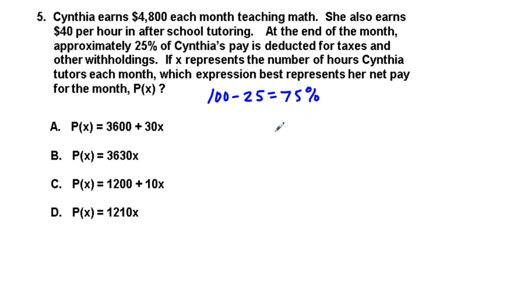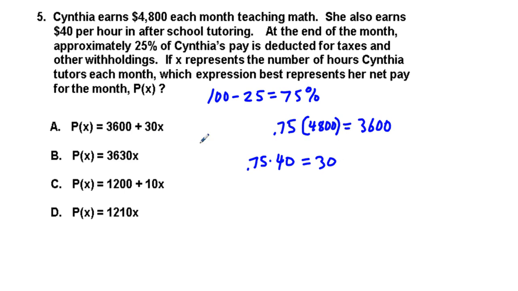So what it is, 75% times 4,800 is going to be 3,600. And then she has this 40 per hour, and 75% of 40 equals 30.